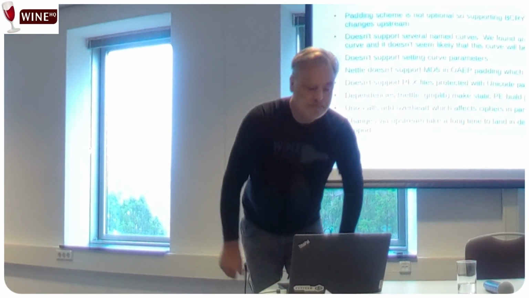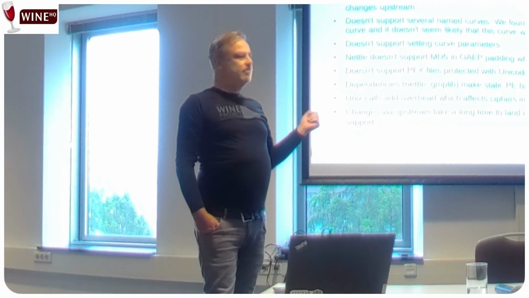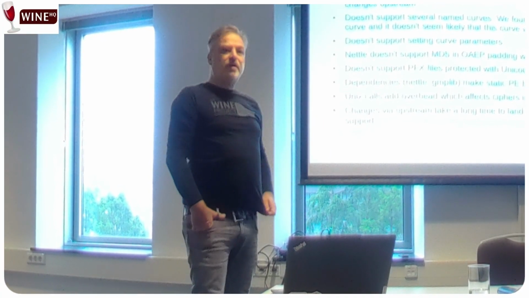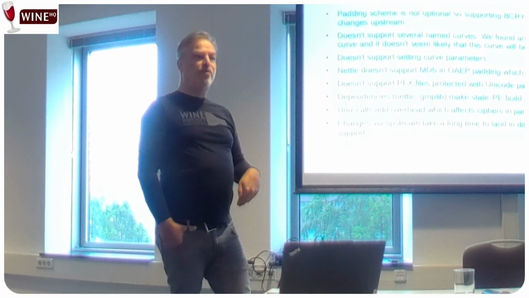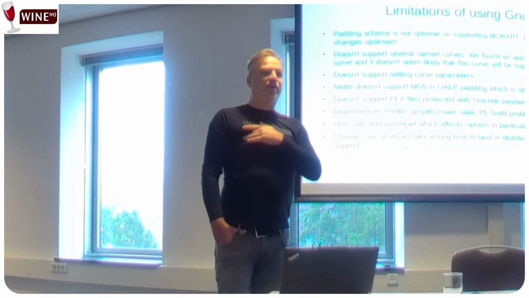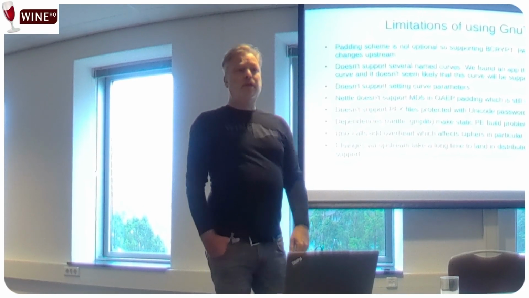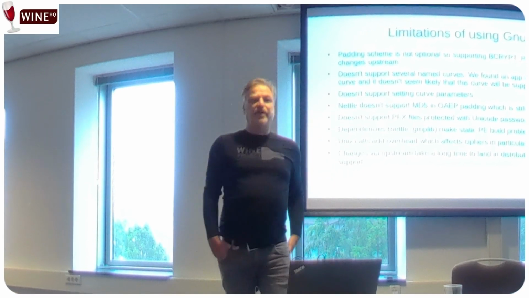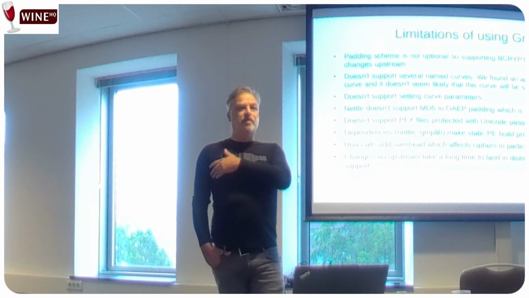And then, even if we're able to make changes upstream, it can take a long time for those changes to trickle down. An example case is shared secret support, which was added, I think, almost 2 years ago in GNU-TLS and Proton.